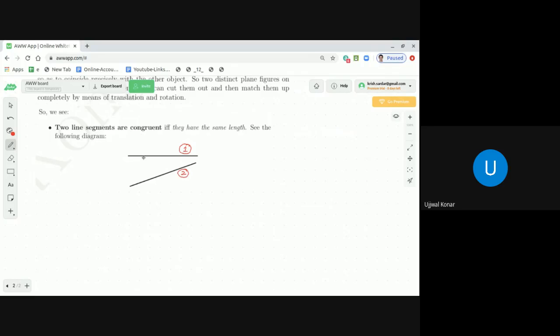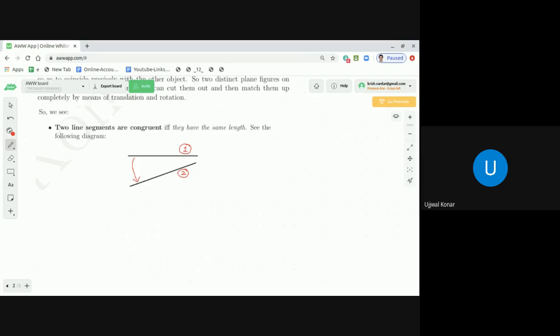The first one is horizontal, then you make a little bit of rotation and you get the second one. But what is the condition for two line segments to be congruent? If they have the same length. That is the only condition to have two line segments congruent.